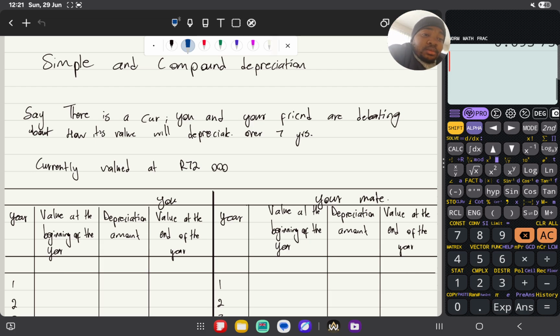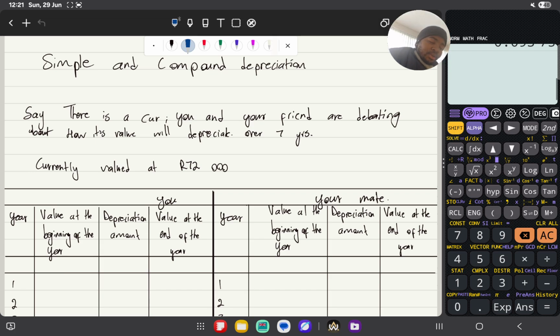Cool. So now let's talk about compound depreciation or compound decay, which is also given the name reducing balance depreciation. Yes, reducing balance depreciation. You remember, it's the same idea as with compound interest, how we spoke about it.